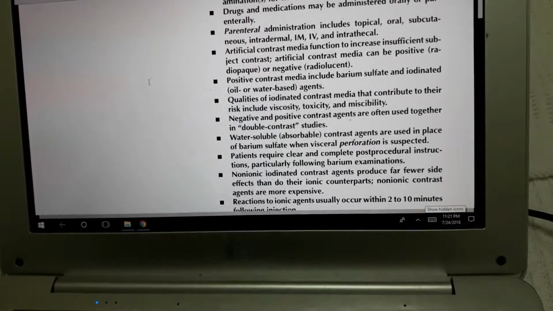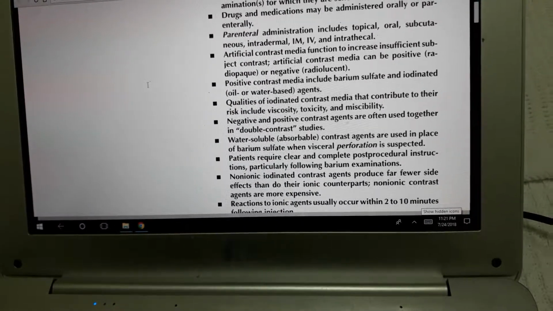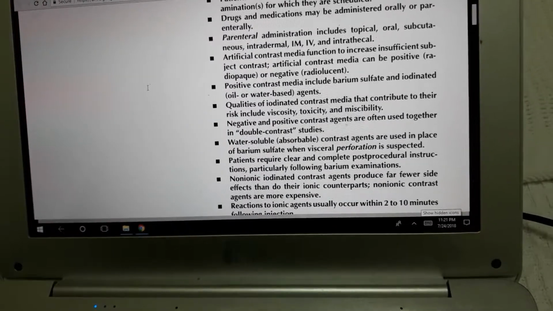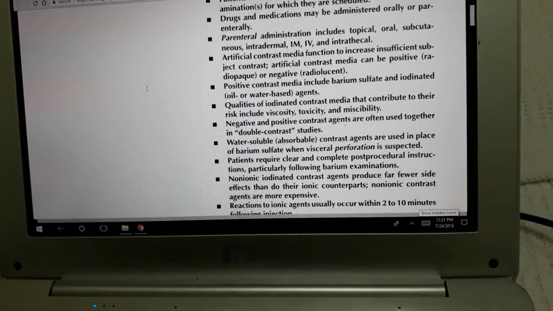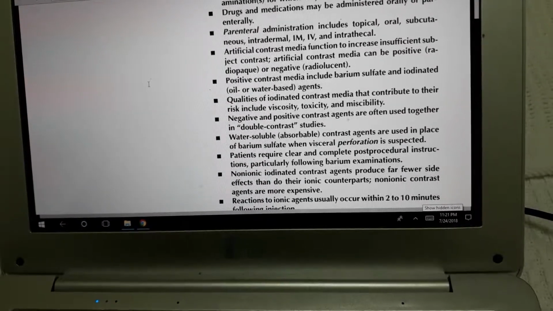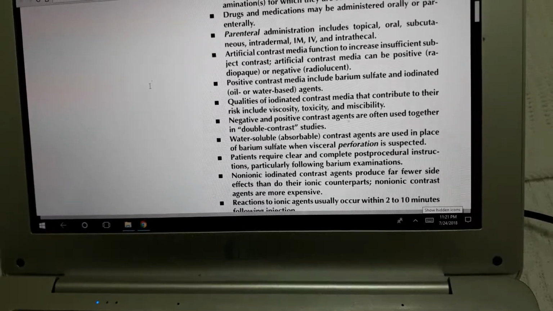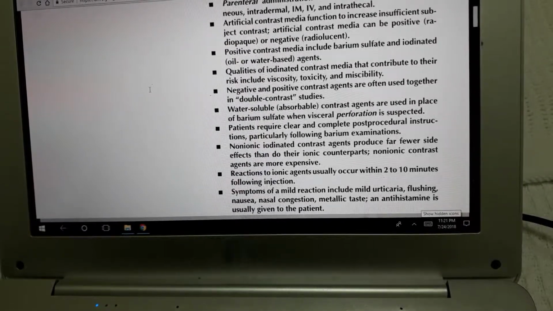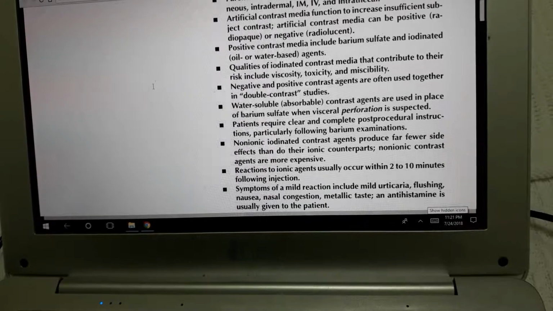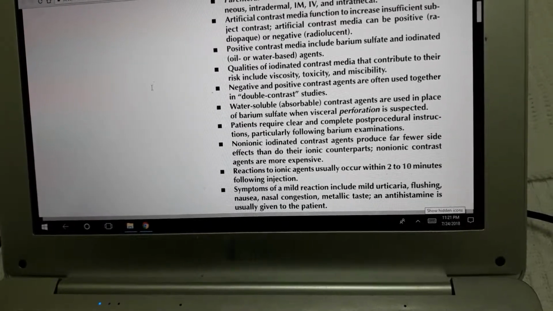Non-ionic iodinated contrast agents produce far fewer side effects than do their ionic counterparts. Non-ionic contrast agents are more expensive. Reactions to ionic agents usually occur within 2 to 10 minutes following injection.